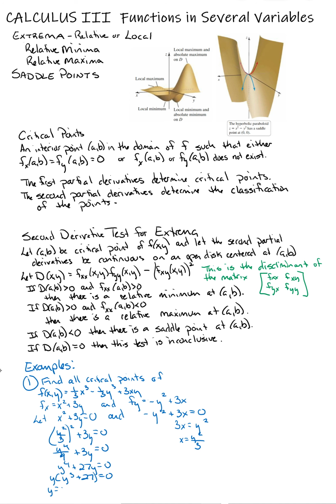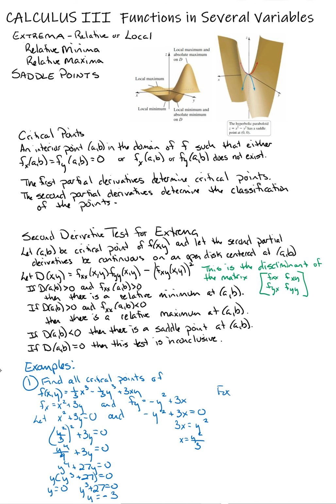And set each factor equal to 0. And it looks like y is equal to 0. Actually, I can write this down here. y is equal to 0 and y is equal to, that would be negative 3, right? Okay, so that tells us we have two values for y.